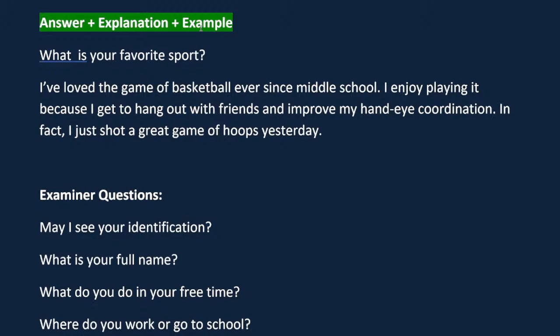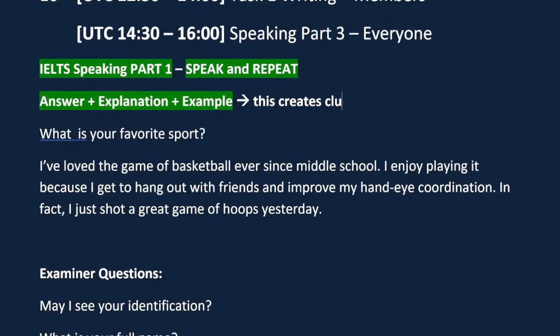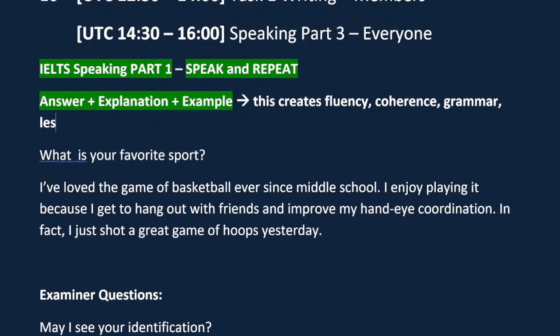So this is the basics, okay? This is fundamental. It's very important so that you show fluency, that you're coherent, that you have good lexical resource. So these are the reasons that you always want to think about this answer, explanation, example, because that way you will create fluency, coherence, grammar, and lexical resource.